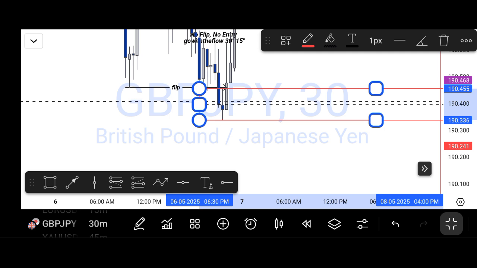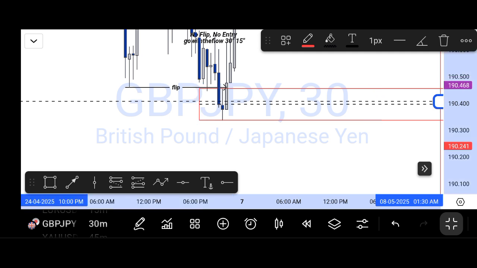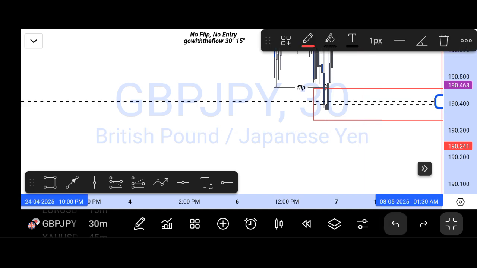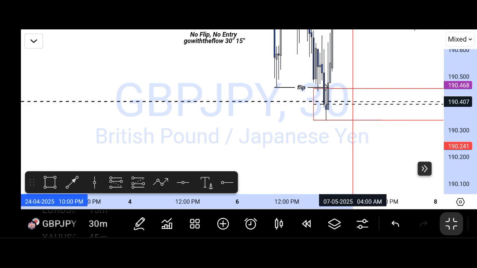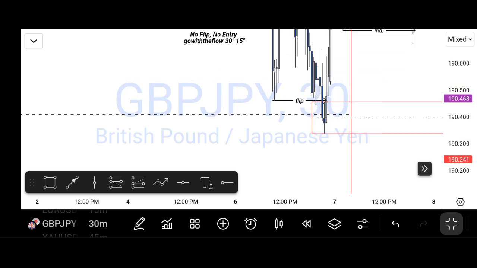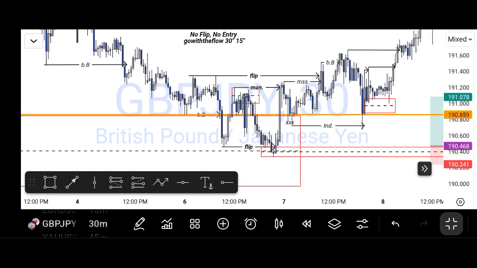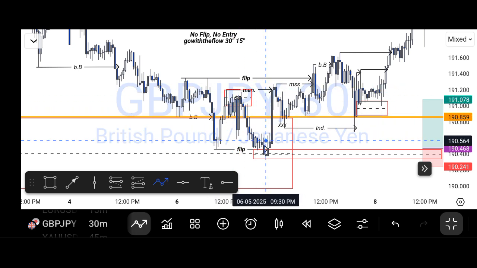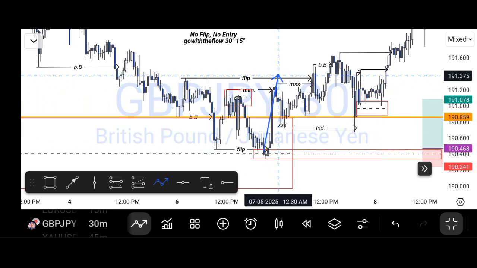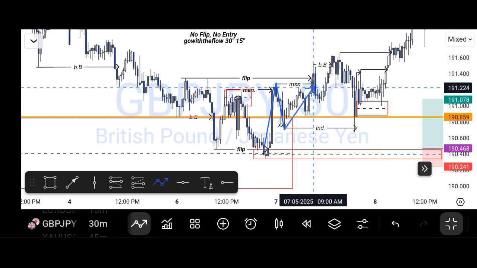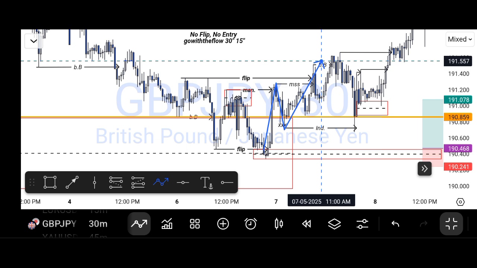Now if you are not seeing any bearish engulfing candle, then you just have to wait for the second break of structure, right? Wait for the second break of structure. Now this is the second break of structure. After price manipulated from here, price came down a little bit and caused the second break of structure, right?